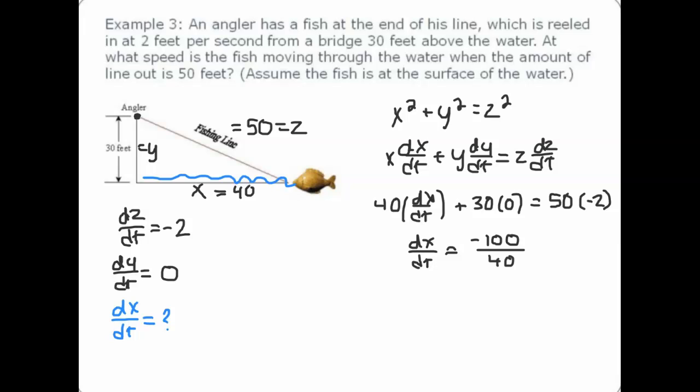So we get negative 100 over 40, which is really like negative 10 over 4, which is really like negative 5 over 2, which is really negative 2.5 feet per second.